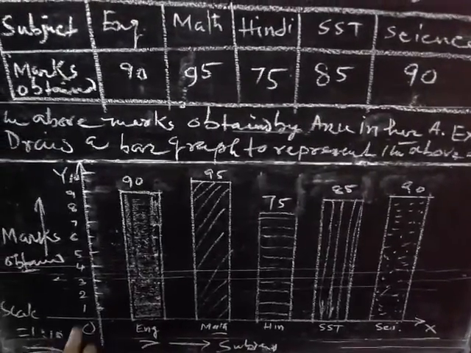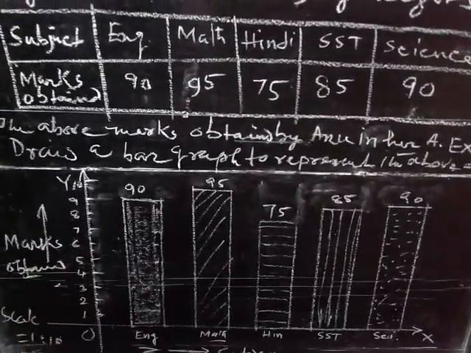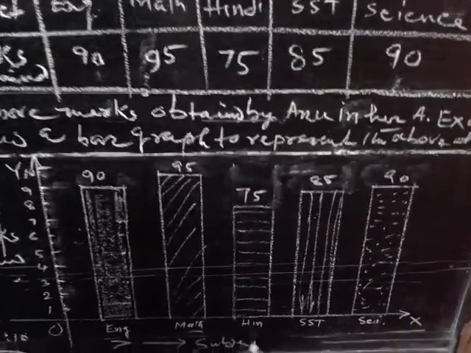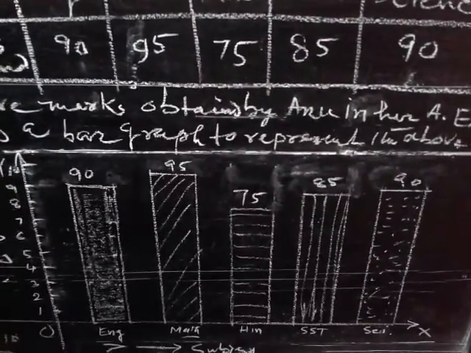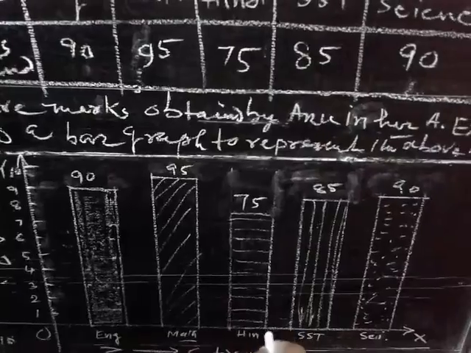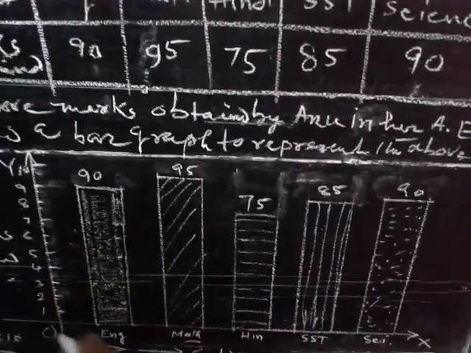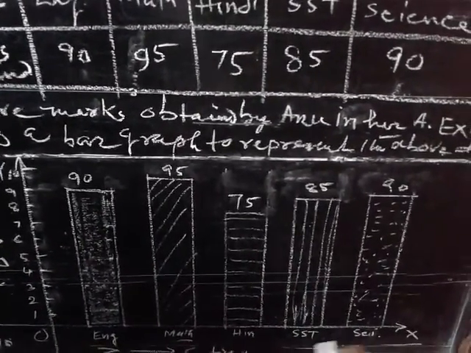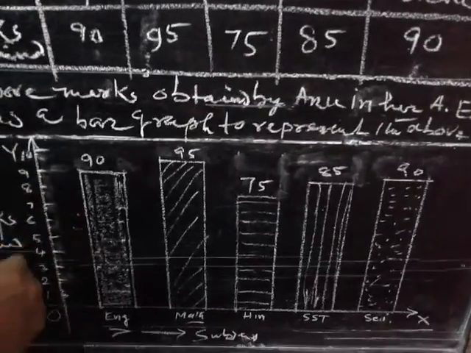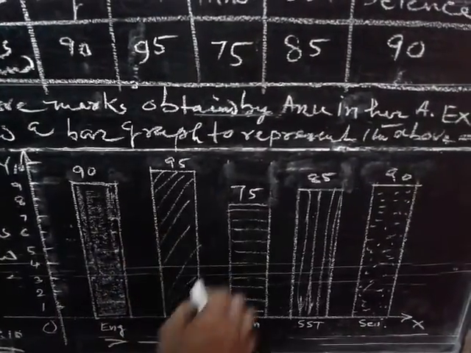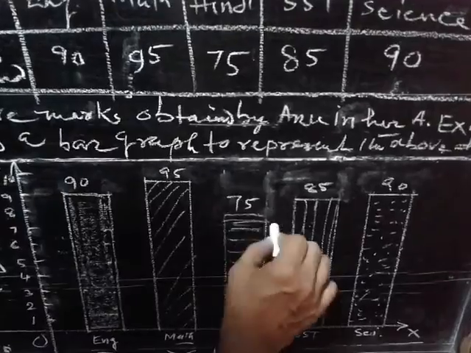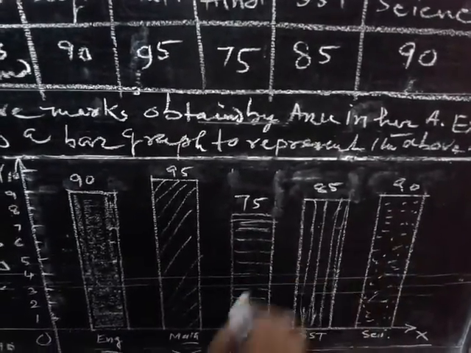You have to make sure you mention the scale and the axes, that is, subject and marks out of 10, because we are representing the x-axis as subject and the y-axis as marks, and accordingly we plot the data and the pictures are formed.